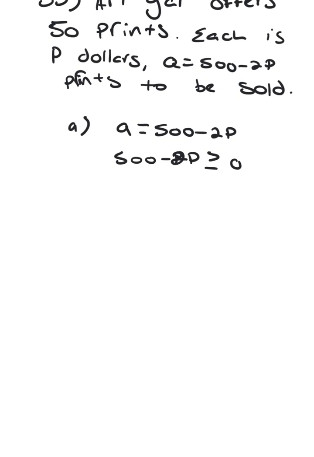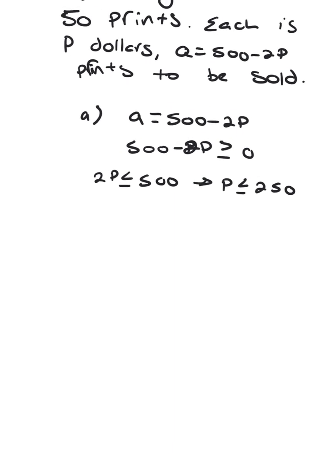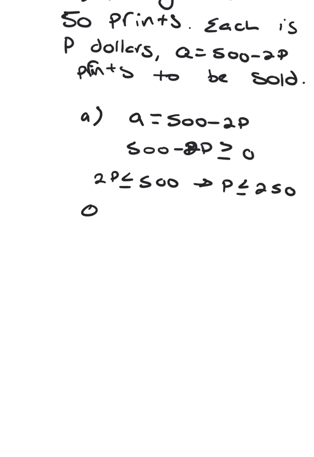So let's solve for P. 2P is less than or equal to 500. And then divided by 2, so P is less than or equal to 250. So the possible price range is 0 less than or equal to P, less than or equal to 250. This is the price range.